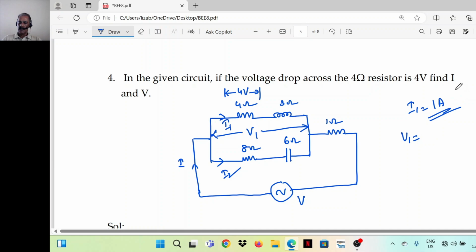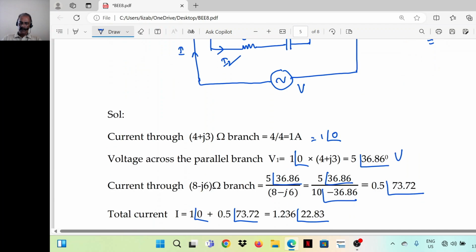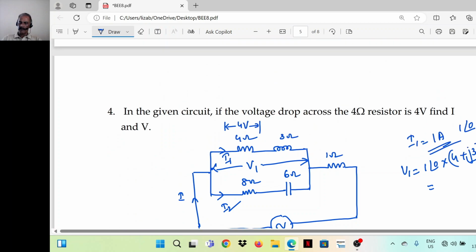V1 we can find it out from this information because current through this branch is 1 ampere. Let's take it as the reference. So 1 angle 0. Impedance of this branch is 4 plus J3. So 1 angle 0 into 4 plus J3 will give the voltage across this parallel circuit. That is 5 angle 36.86.